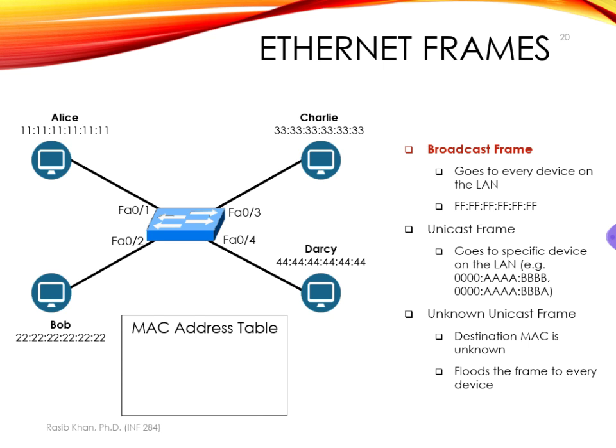The first kind is what we call a broadcast frame. The concept of broadcast is that whenever a switch receives a frame of type broadcast, it will by default broadcast it out to all the interfaces.